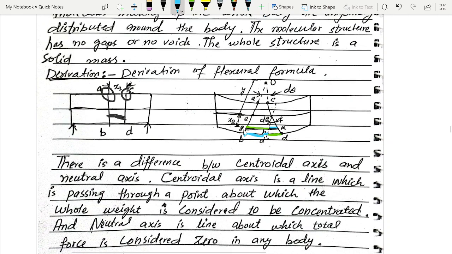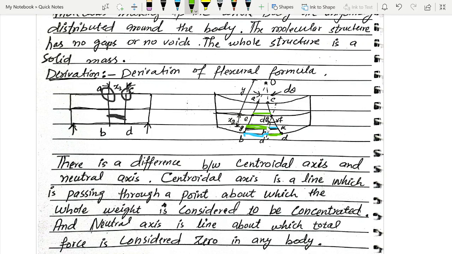So the original length, this is the curve. GH is equal to EF. These are the same, GH and EF. I can show you in green that this and this are the same. So this is d theta, and d theta times y will give you this EF, and this EF is GH.